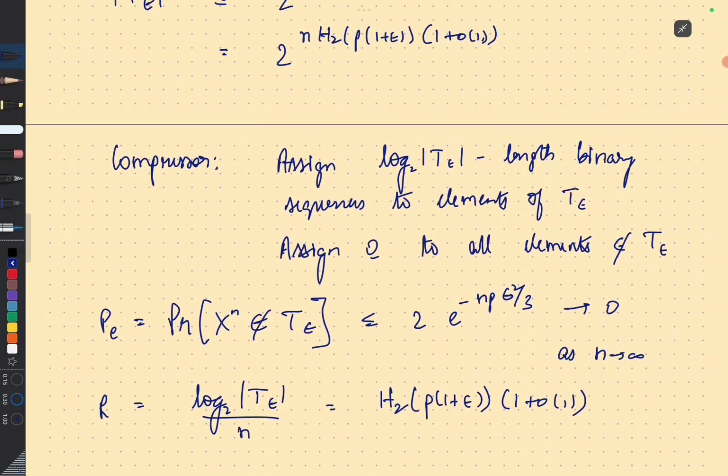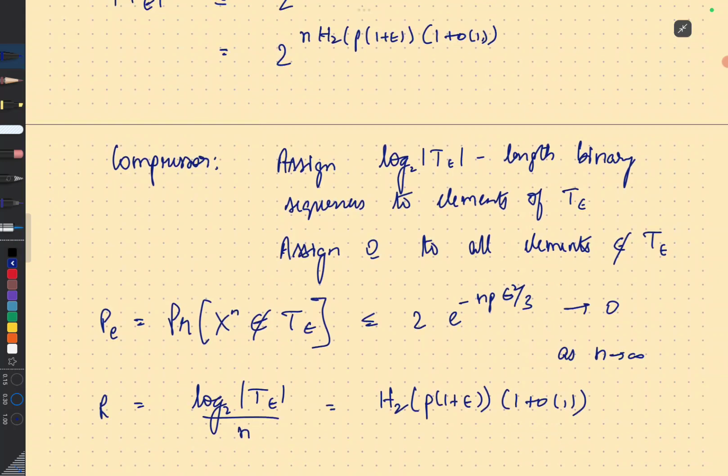All right. So the smaller epsilon is, the smaller the rate is going to be, right? Because T epsilon will have fewer sequences if epsilon is closer to 0. And that's why we'll choose an epsilon that is very, very close to 0. Okay. But a lot of this still goes through as long as P times 1 plus epsilon is less than half.